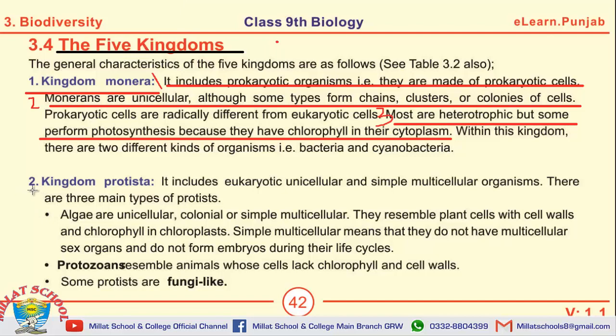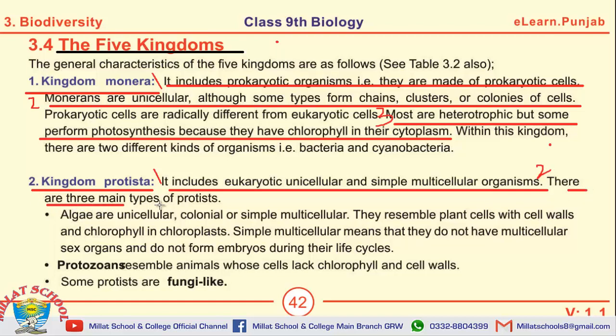The second kingdom is kingdom Protista. There is a definition. Kingdom Protista includes eukaryotic unicellular and simple multicellular organisms. The other question may be write characteristics of kingdom Protista. The first one is about the definition, and the second characteristic may be there are three main groups of kingdom Protista.